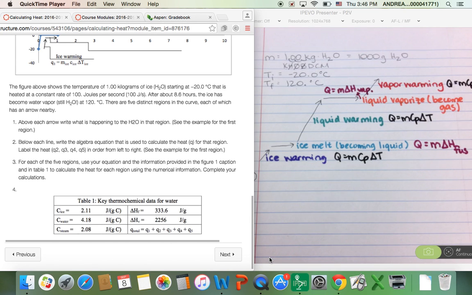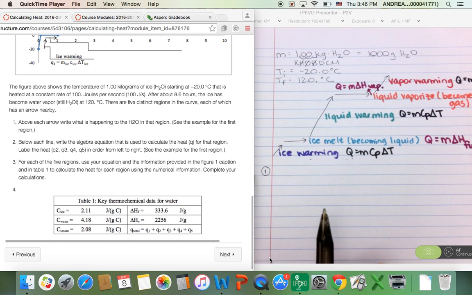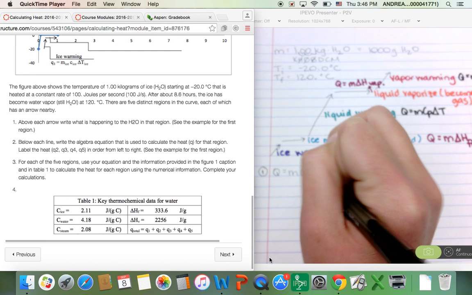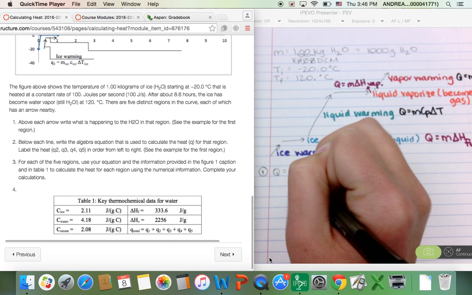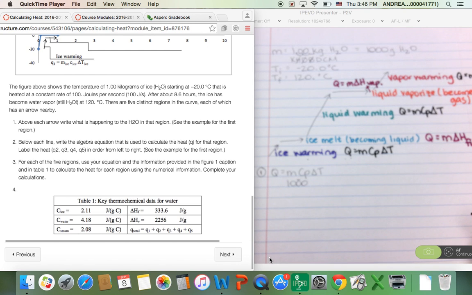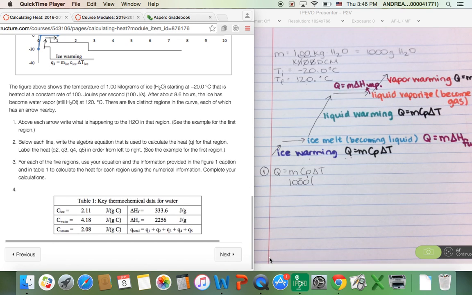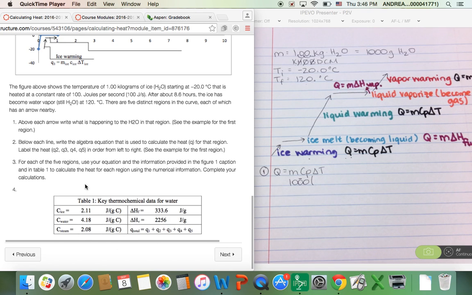Okay, so number 1, we're going to start here at the ice warming. We're going to use this formula: Q equals mass times Cp times delta T. My mass is 1,000 grams, but remember that's 3 sig figs from our 1.00 kilograms. The specific heat of ice, you're going to have to look at the table below. These numbers are slightly different than the ones I used today in class, but the results are similar.